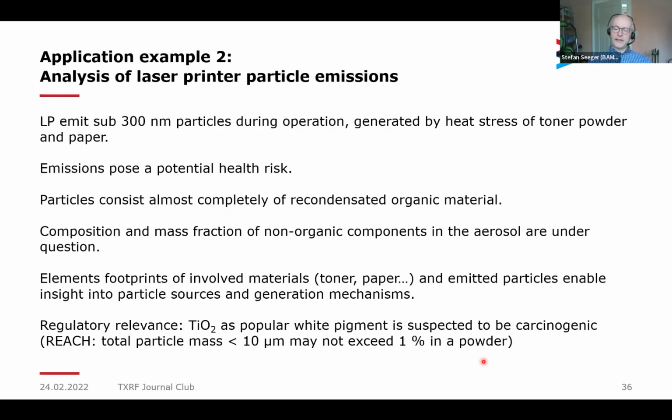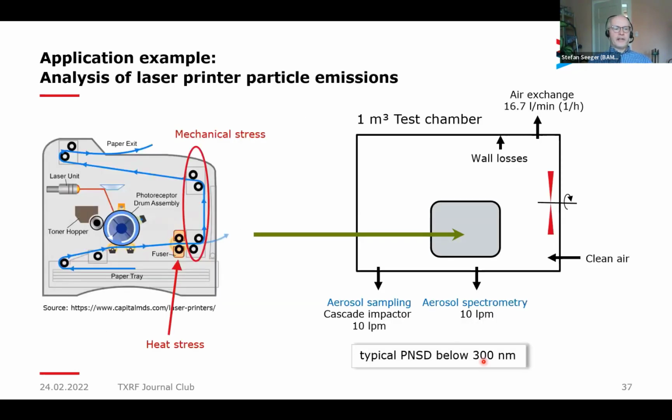So if there's a chance to become airborne, this limit holds for all the materials, and that is quite important for many pigment applications in a broad variety of industrial products. So that has immediate relevance. And you may imagine that if you detect titanium dioxide as a nanoparticle in an aerosol, that will stir up some questions. Okay, what did we do here?